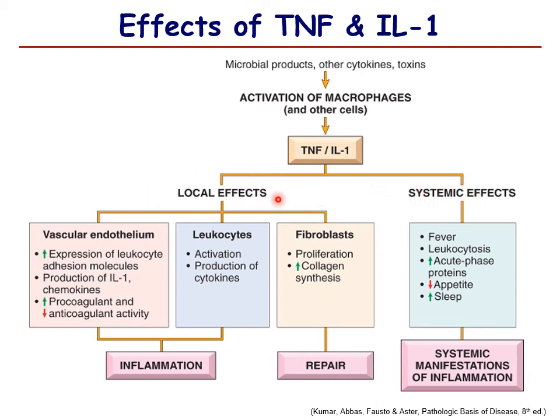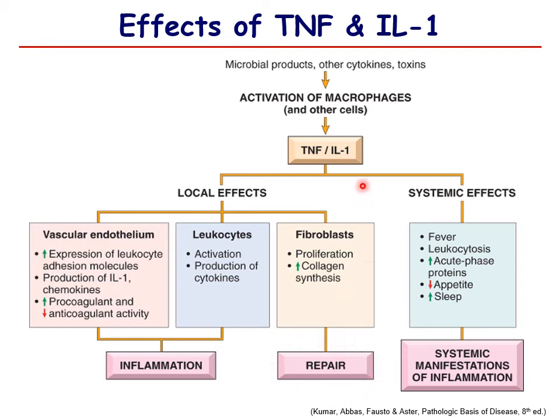Local effects of TNF and IL-1 are on the vascular endothelium and leukocytes, and as we have seen in the majority of this lecture, these effects induce inflammatory responses. The local effects can also be on fibroblasts in the affected area, in which these cytokines promote proliferation of fibroblasts, as well as increase in collagen synthesis. And this promotes tissue repair.